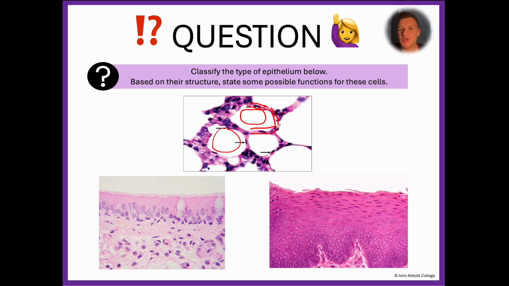So this is a simple layer around these pockets, simple squamous, squishy cells. It's not cuboidal, it's not columnar. And remember, the function of simple squamous is that they're thin. They are the thinnest possible layer, and they're squishy. The actual cell is as thin as possible, and it's only one layer of it.